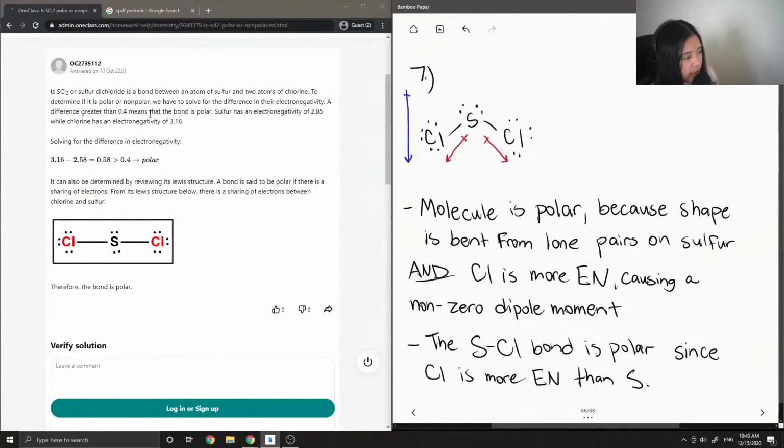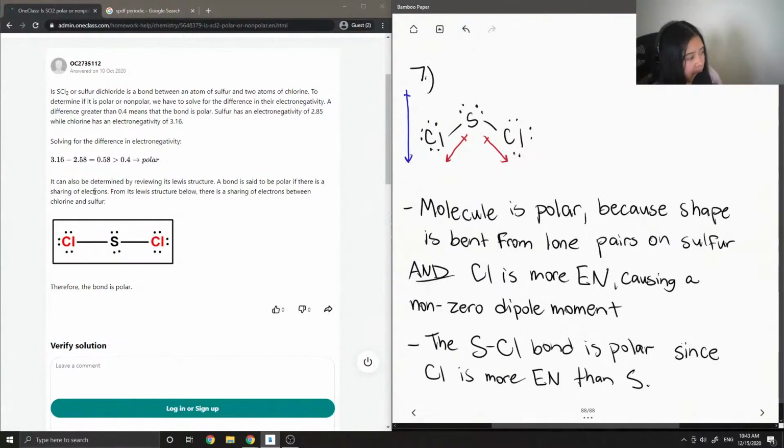Sulfur has an electronegativity of 2.85, while chlorine has an electronegativity of 3.16. So when they solved for the difference in electronegativity, they got 0.58, which is much greater than 0.4. Therefore, the bond is polar.